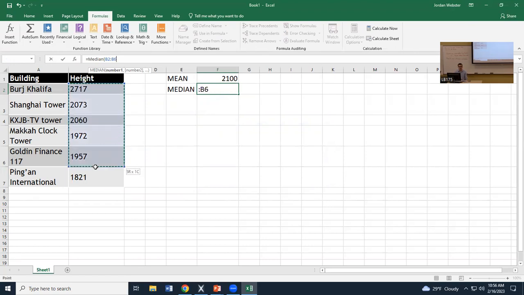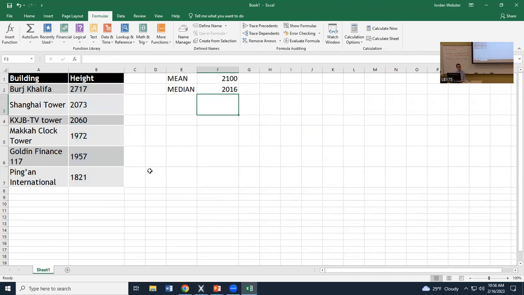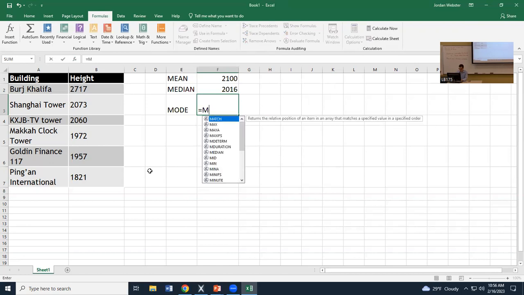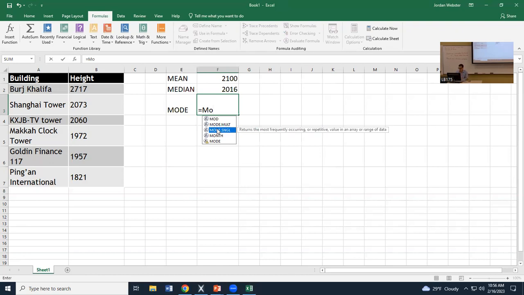And then in parentheses, the numbers I want to find the median of. Hit enter. 2016. Okay. You could do the same thing with mode as well. So this mode, singular, returns the most frequently occurring.